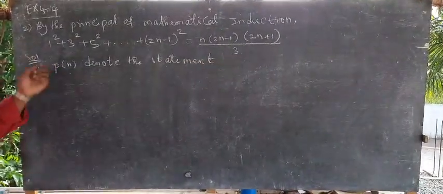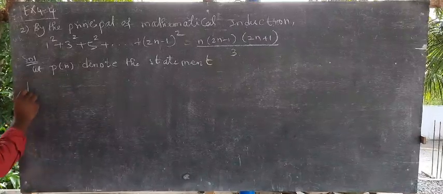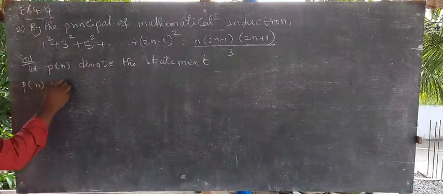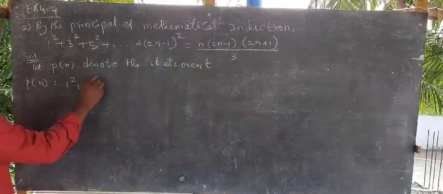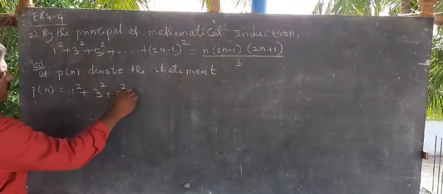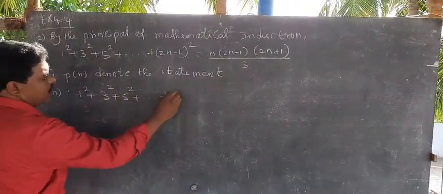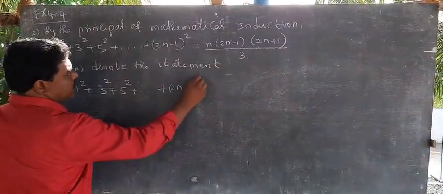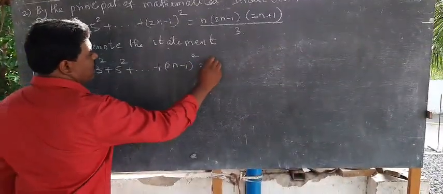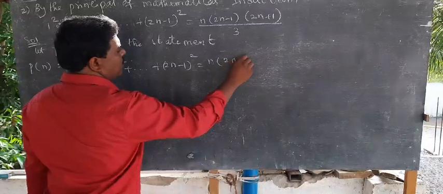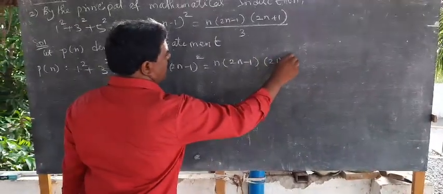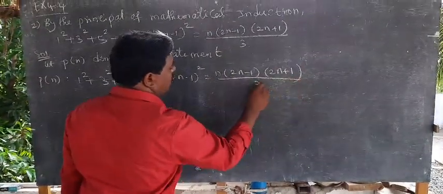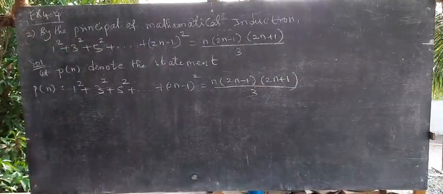That is the given sum, I denote P of n. So P of n means 1 square, 3 square, 5 square, plus and so on, 2n minus 1 whole square, equal to n, 2n minus 1, 2n plus 1 by 3.